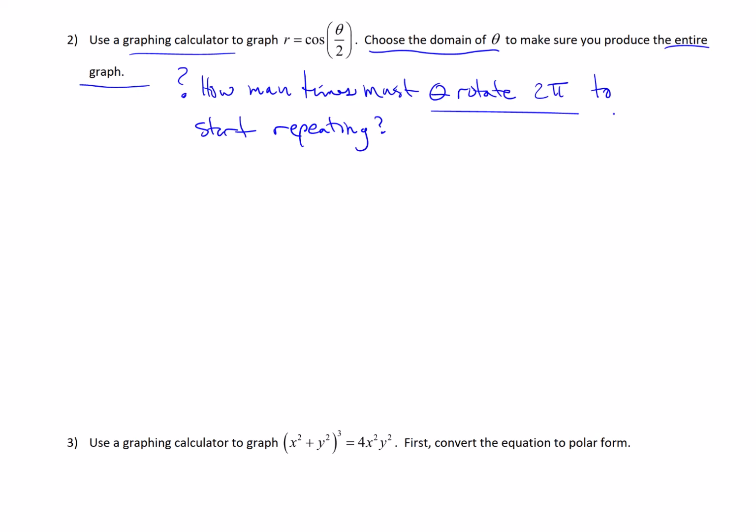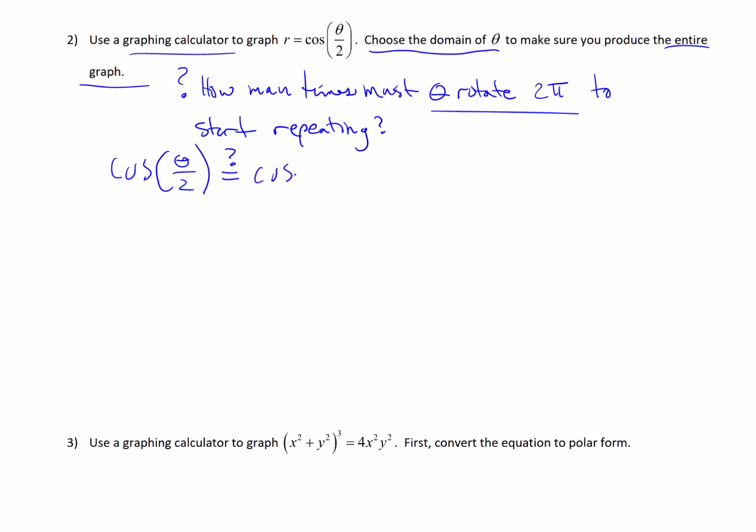To find this algebraically, we're going to begin by taking our function, which was cosine of theta over 2. I know it was r equals that, and that's going to produce the graph. But we're going to take what r equals and say, when would that equal something else?